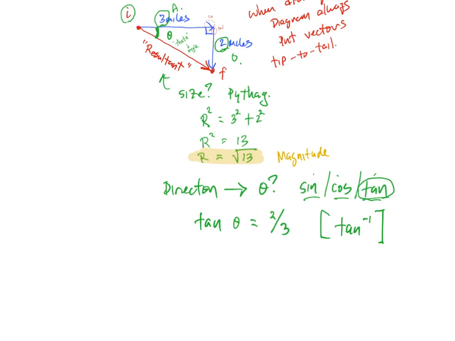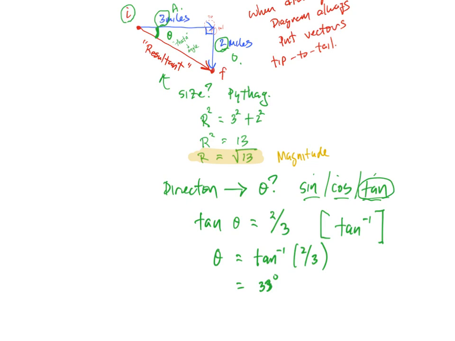So I'm going to do that to both sides, and if I do the arctangent of tangent theta, it's just theta. So theta would then equal the arctangent or inverse tangent of 2 over 3, and that's going to be something like 33-ish degrees. You can figure out what the exact value is, somewhere between 33 and 34.